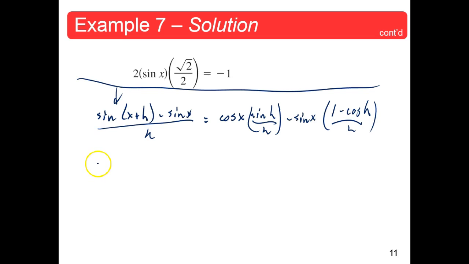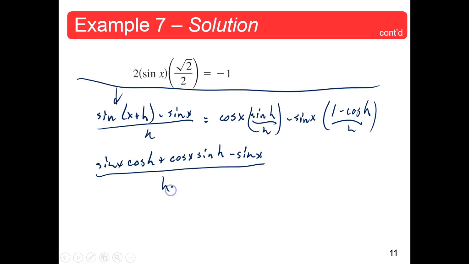Sine of x cosine h plus cosine x sine h, right? That's the first part of the numerator, minus sine x, all divided by h. Right?